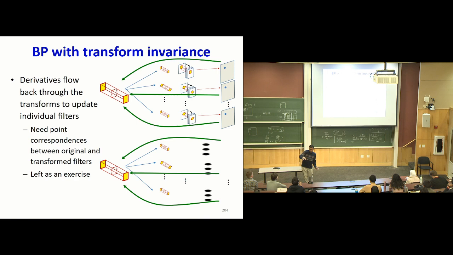So you're going to be computing the derivatives for each of the transformed filters, then untransform it, because after transforming it, you expect to have a one-to-one correspondence, or some kind of correspondence between the original filter and the transformed version. So if you have the correspondence, you can say this derivative corresponds to this location in the original filter, and you can add things back up. The arithmetic becomes a little more tedious, but that's how it would work.